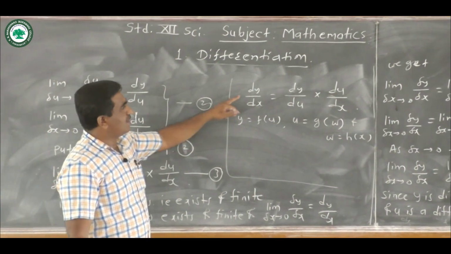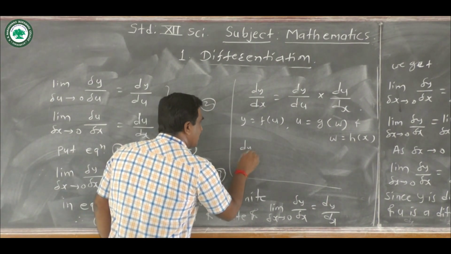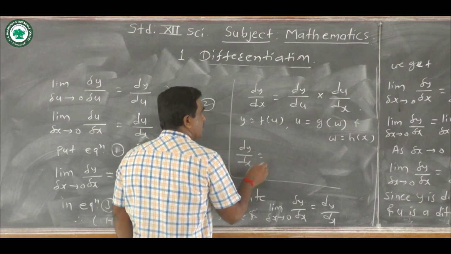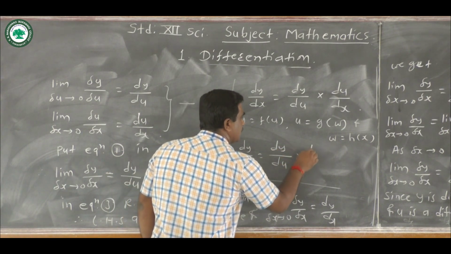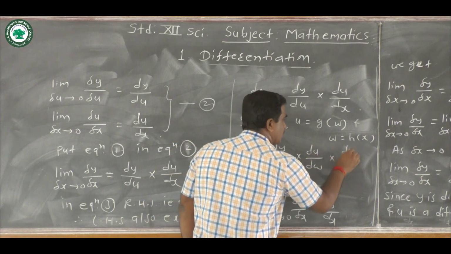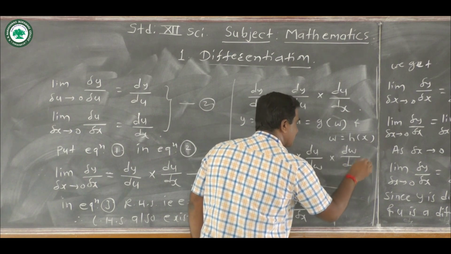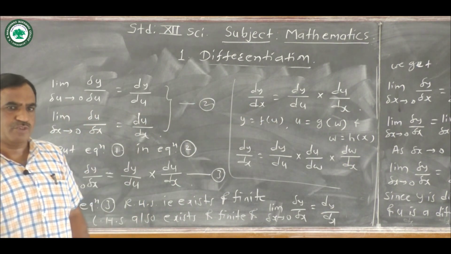Then we can write the extended chain rule, that is dy by dx is equal to dy upon du into du upon dw into dw upon dx. This is the extension form of the chain rule or composite rule.